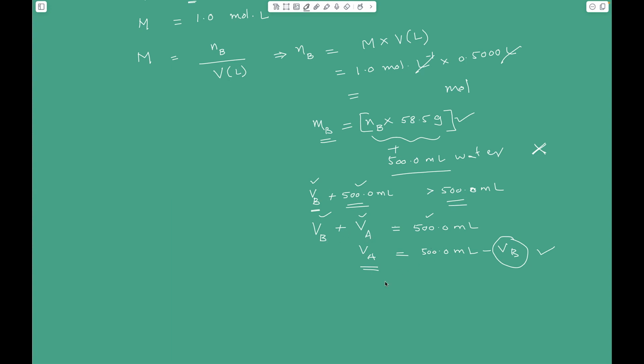That is, if the volume of the solution is equal to the sum of the volumes of the solvent and the solute. But there is no such law that says that the volume of the solution must be equal to the sum of the volumes of its components.